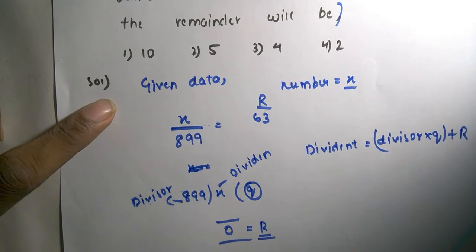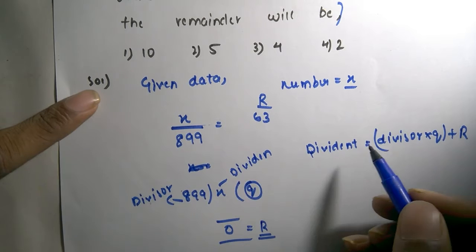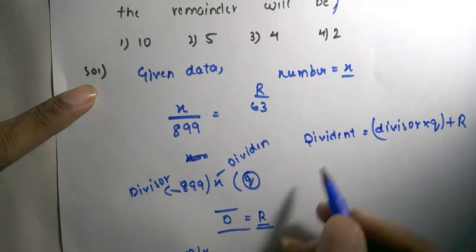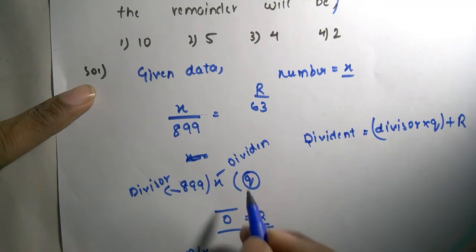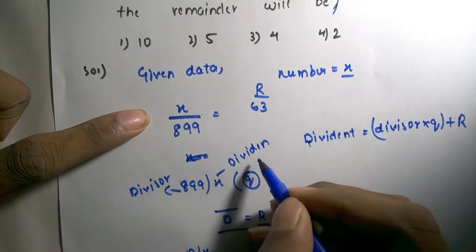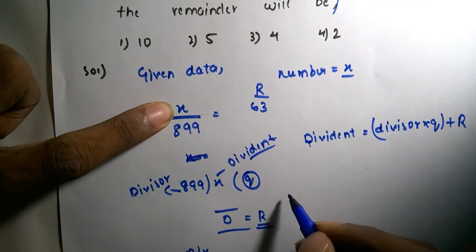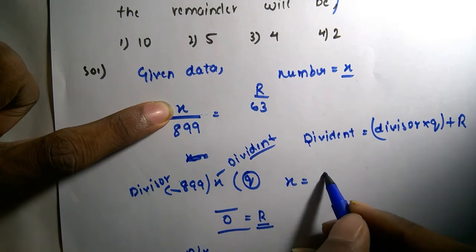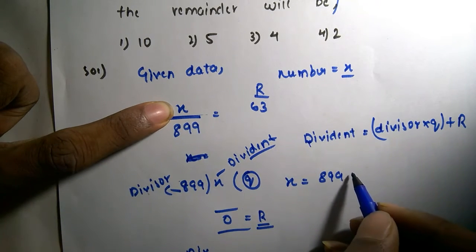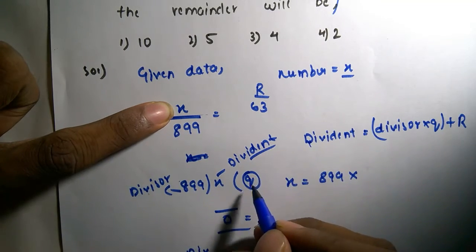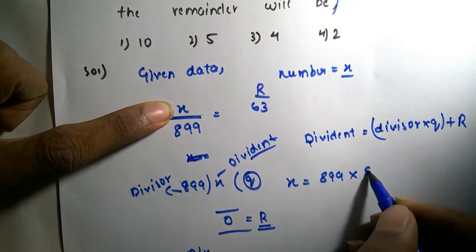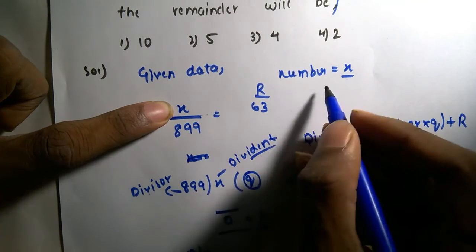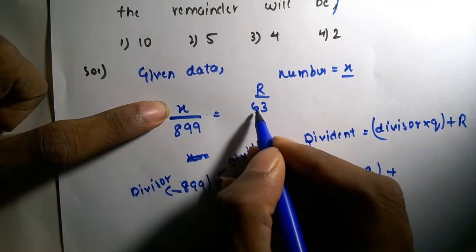You should apply this formula here. Dividend equals divisor into quotient plus remainder. Here the dividend is x, the divisor is 899, and they didn't give the quotient, so we write it as q, plus the remainder, which is 63.